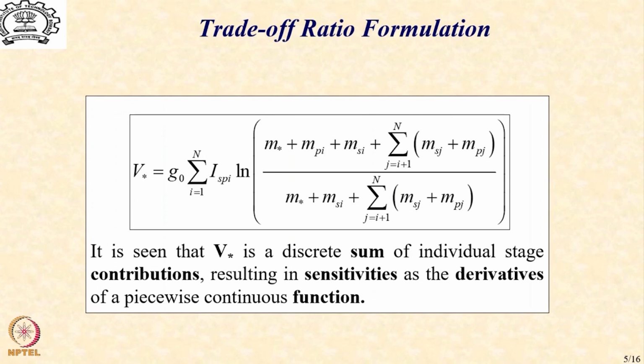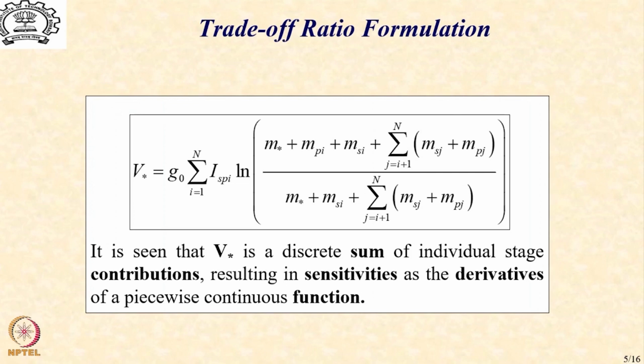But this is not a straightforward exercise because of the fact that V star is a discrete sum of individual stage contributions. This is the first thing that we need to note, that it's a discrete sum. So what it means is that this is essentially a piecewise continuous function.